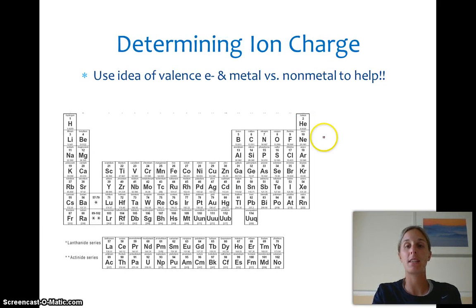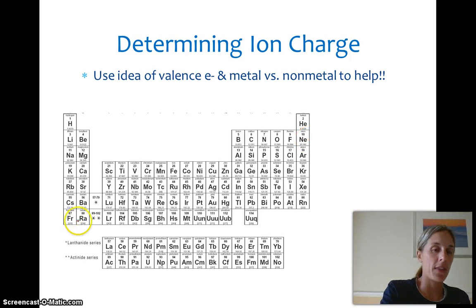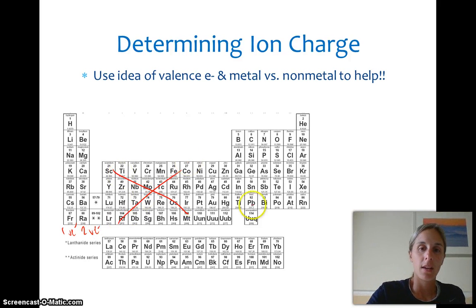So if we think back to this guy here, we learned that this guy has 1 valence electron. These guys have 2 valence electrons. We skip these. These have 3 valence electrons. These have 4 valence electrons. These have 5 valence electrons, 6 valence electrons, 7 valence electrons, and 8 valence electrons.